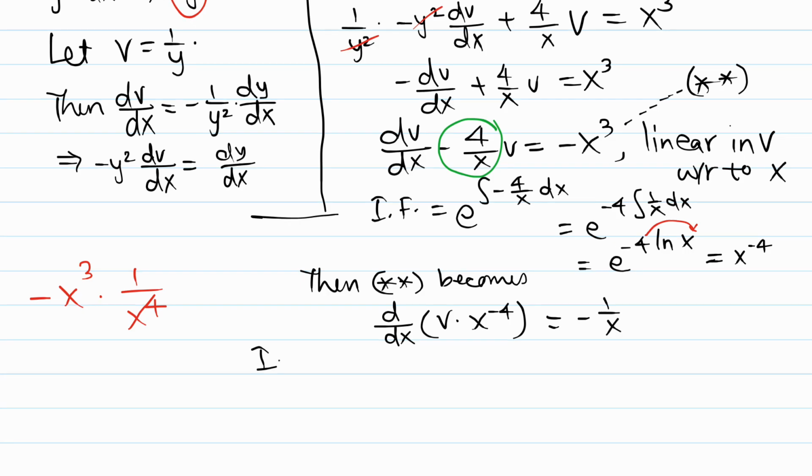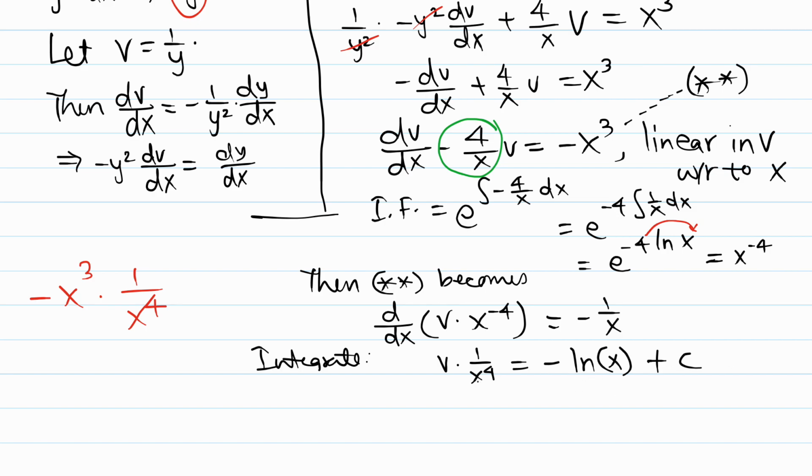Then we get v times 1 over x to the 4th, equals minus the integral of 1 over x, that's the natural log of x, and x is positive so we don't need absolute value, plus c. Let me put plus c separate.